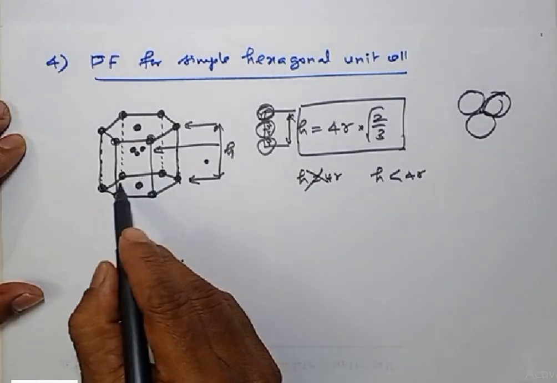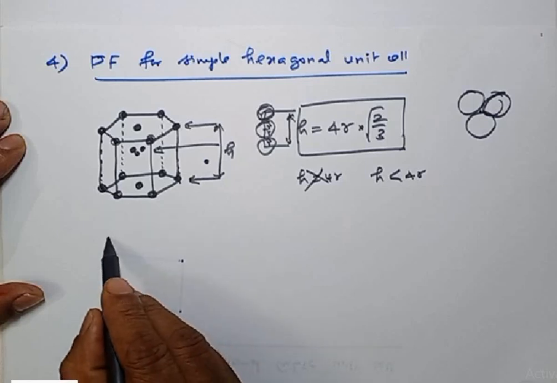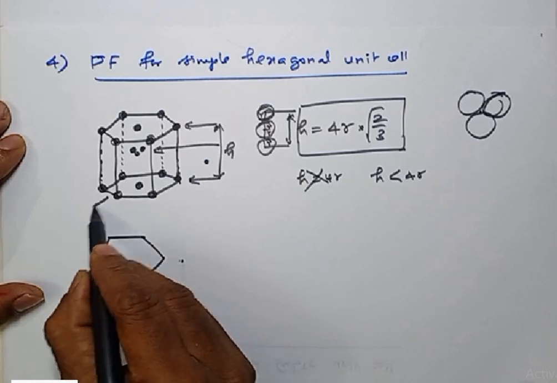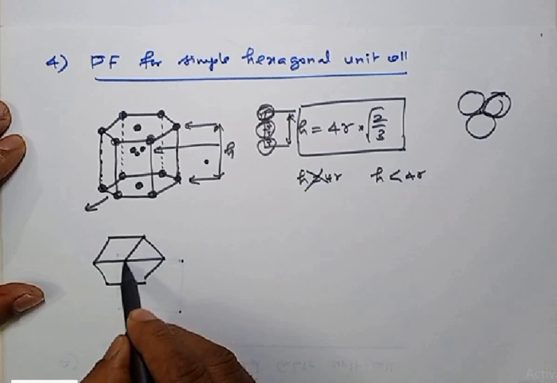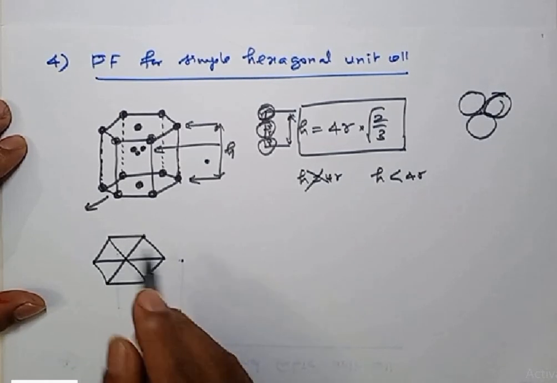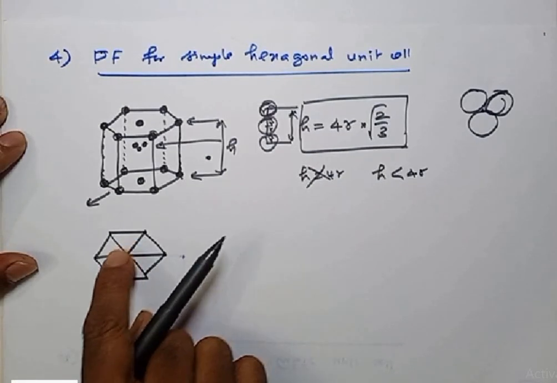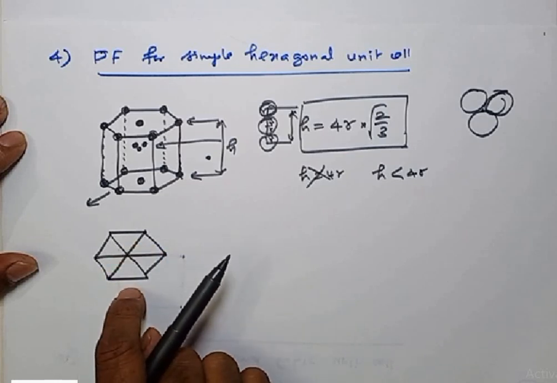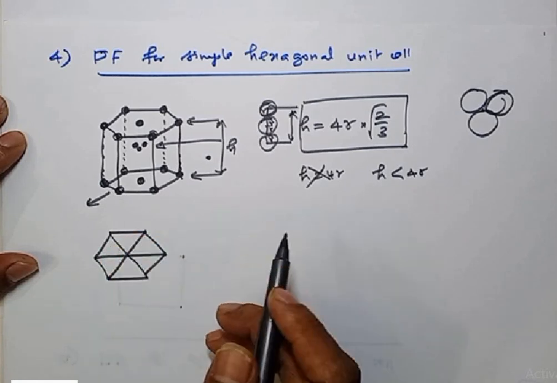And what about the base area? The base is a perfect hexagon. For a hexagon, we can divide it into 6 equilateral triangles, and the area of each triangle is root 3 by 4 times a squared.